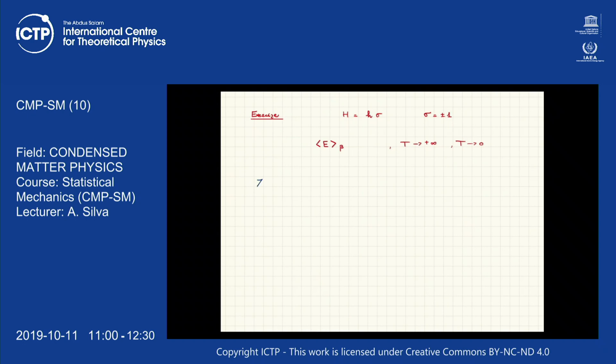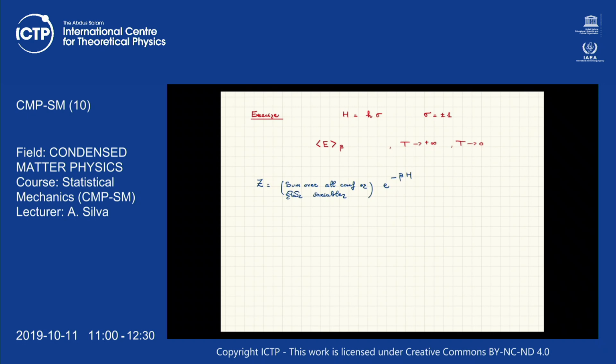My partition function is equal to the sum over all configurations of statistical variables of e to the minus beta H. Clear? So this is what it is.